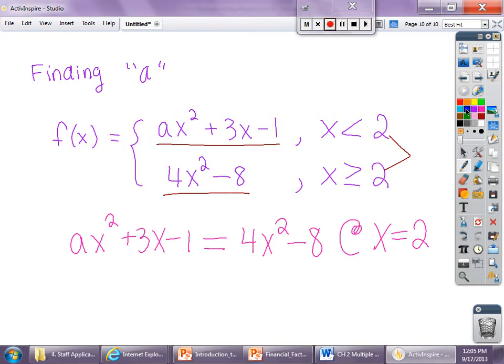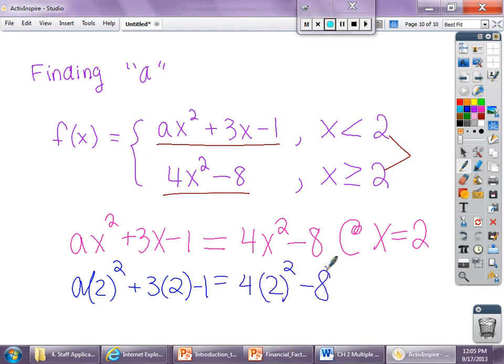What do I do with the 2? Substitute it in. Does that make sense? All right. Then you can solve it, right? Give me 1 second. All right. Continuity, IVT.